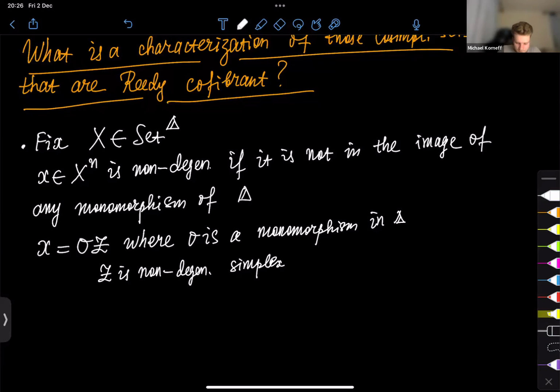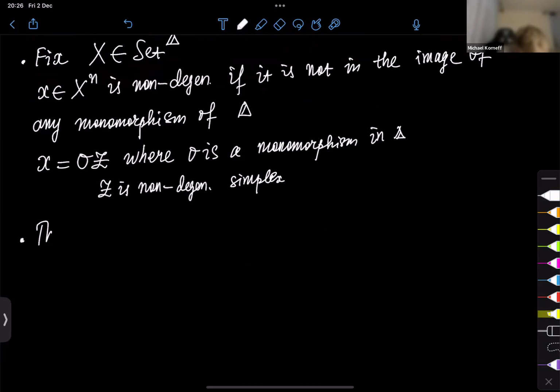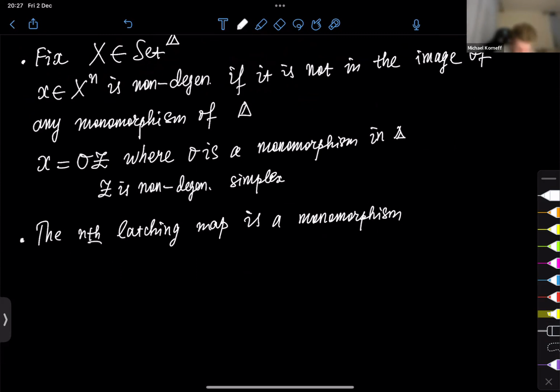Okay, and the nth Latching map is a monomorphism. Of course, this condition is needed to be a cofibration.